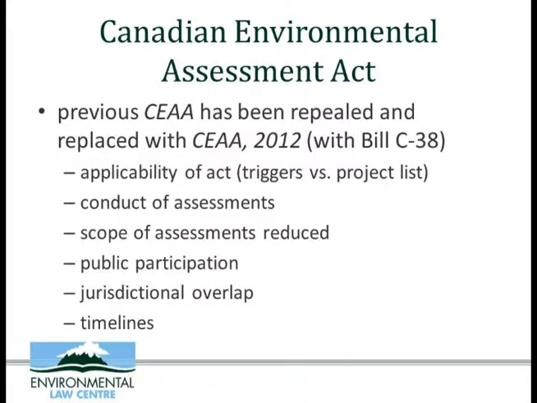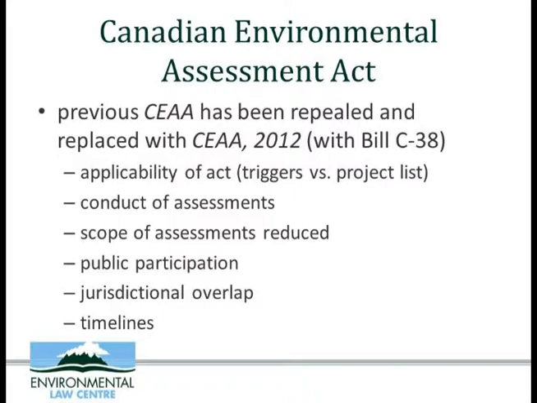Under the previous CEAA, we had what was referred to as a trigger process. So projects were tied to some sort of government action. It could be federal funding of a project, or federal land was involved. It could be a case where the federal government was actually a proponent of the project, or there was a particular decision being made by the federal government.